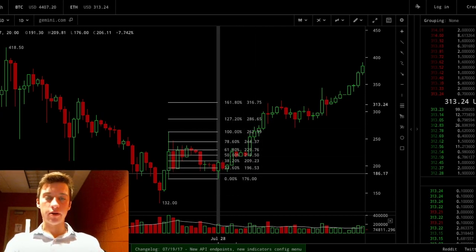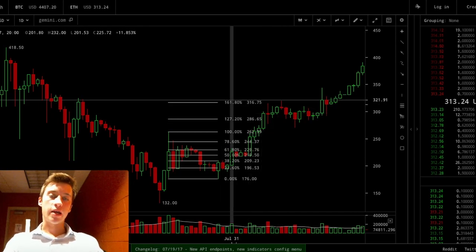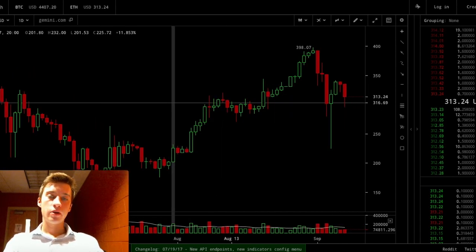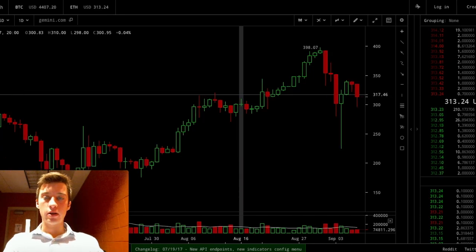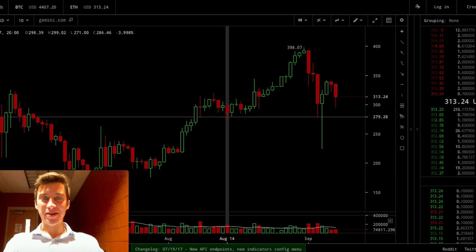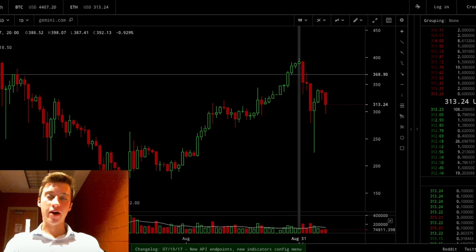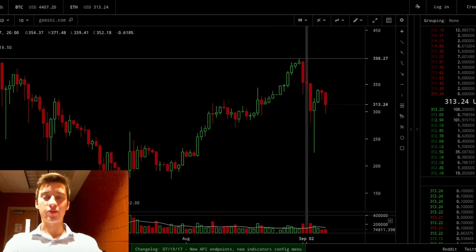You would buy around here at that 61.8, and then you just sell at around 317 for that extension here, as you can see. And then if you had sold here, and then bought back in here at the 38.2% retracement, and would have known that 1 is usually equal to 5 when wave 3 is extended, then you would have sold here too.